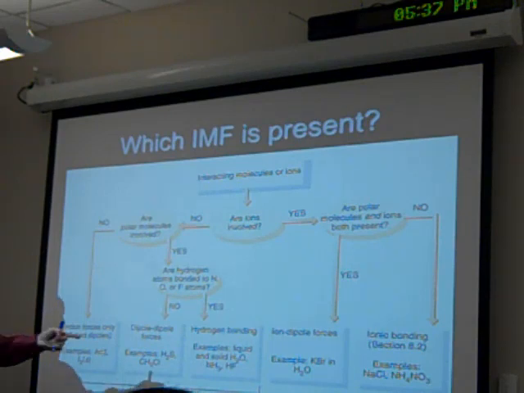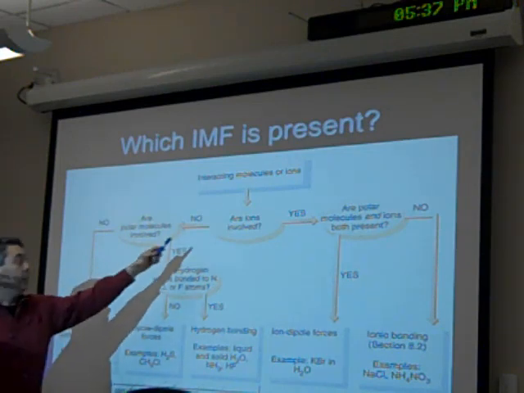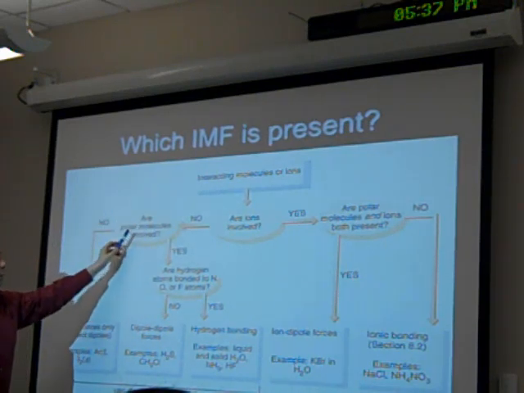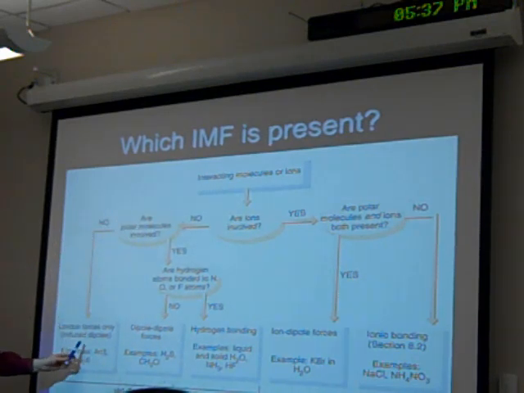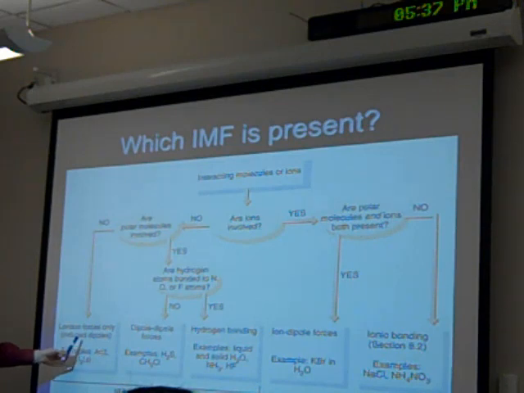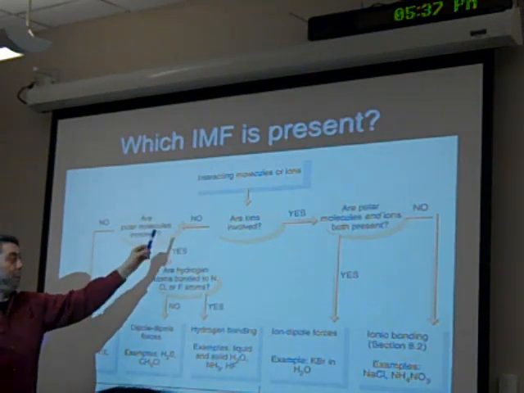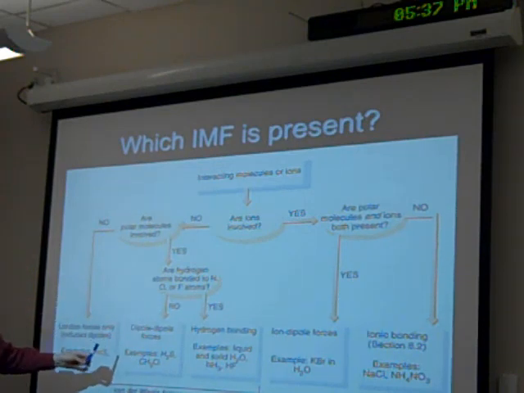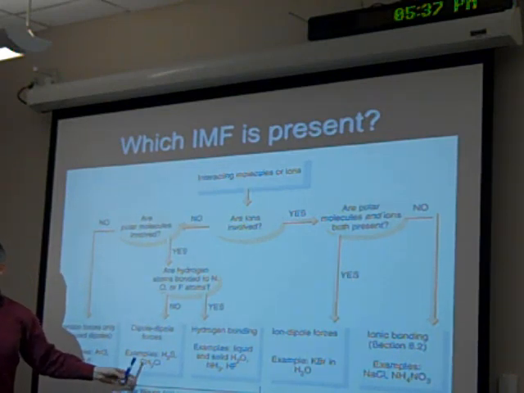But every single one of these is related to partial positives being attracted to partial negatives. If there are no ions involved, and the molecules are nonpolar, you have London dispersion forces, the weakest. Weak partial positives attracted to weak partial negatives. If there are polar molecules but no ions, and there's no hydrogen bonding, then you have dipole-dipole forces.